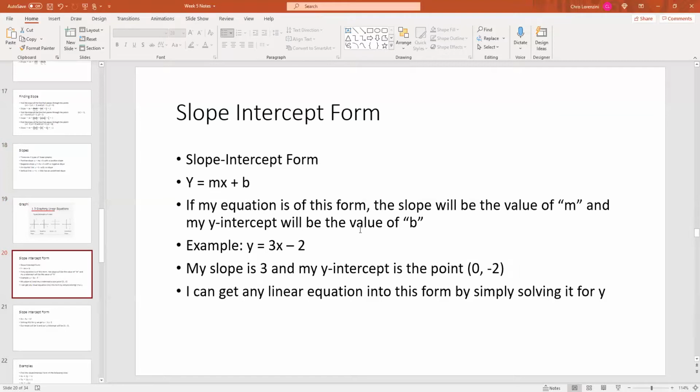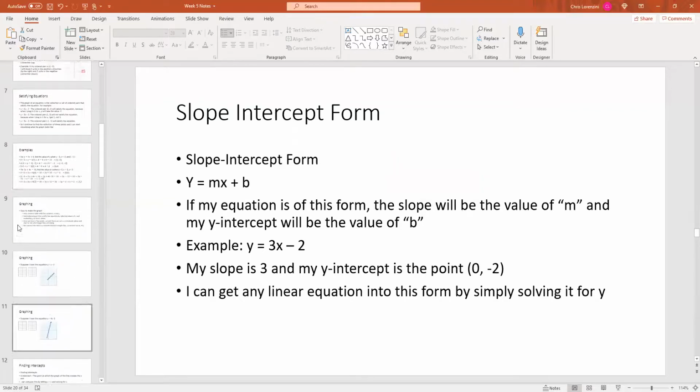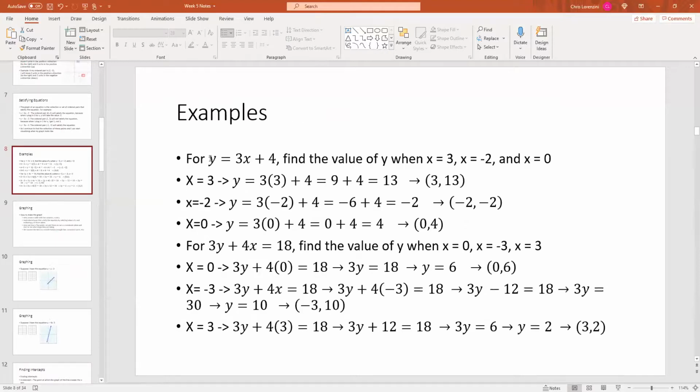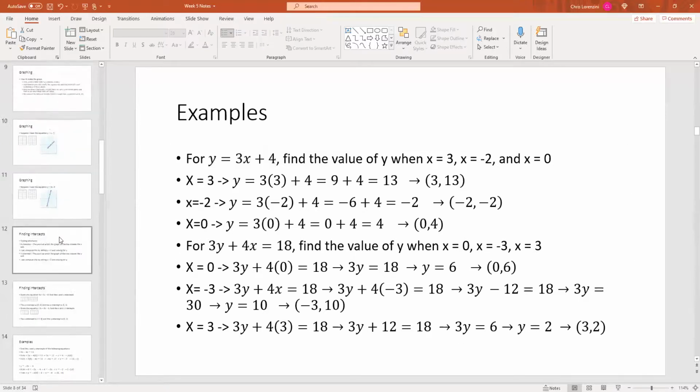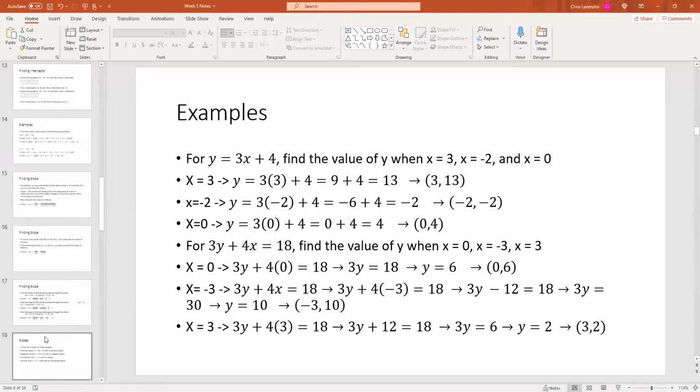So we've seen some graphs, and we saw two forms of equations earlier, right? We had equations that look like y is equal to 3x plus 4. That's one way we write a line. And then we had another form, 3y plus 4x equals 18. This one, 3y plus 4x equals 18, is called standard form of a line. y is equal to 3x plus 4 is what we call slope-intercept form of a line.